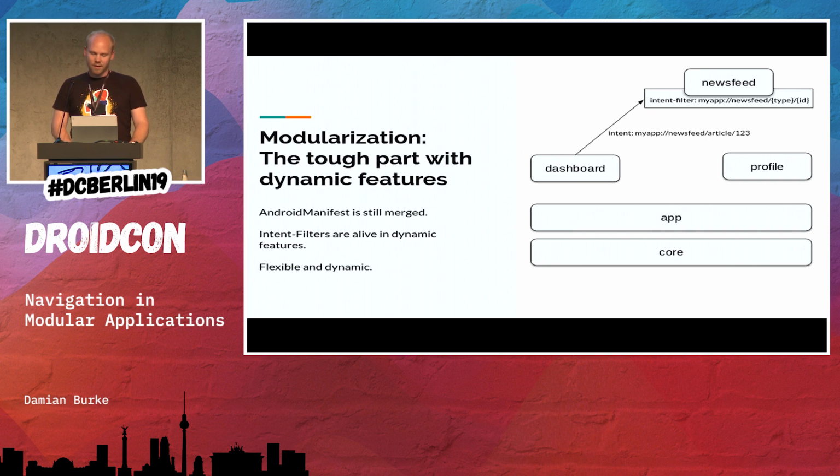We also don't care about our specific implementation of navigation patterns. So as you can see here, for example, in the first one, the module simply defines an intent filter and uses that to parse the deep link or the intent with the deep link.